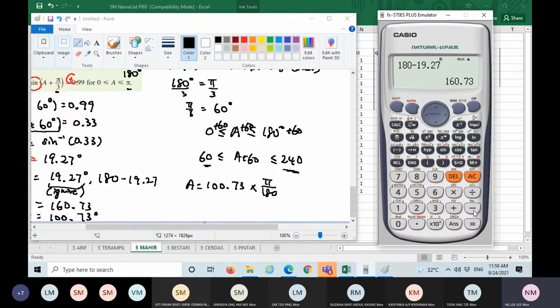So continue with minus 60, I get the 100.73, shift this. Okay, so same as the answer in your book.